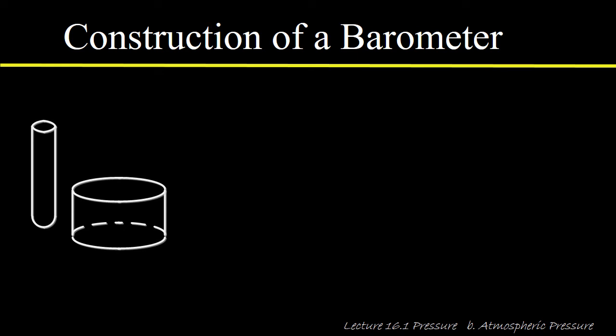All right, so the way we're going to do this is by constructing a barometer. I'm going to show you how to make a barometer. What you start with is a long tube open at one end, kind of like a test tube, except this tube needs to be longer. A good length is probably about 1 meter.